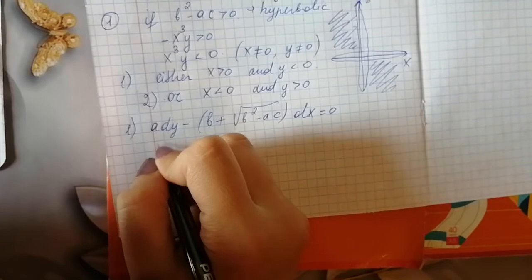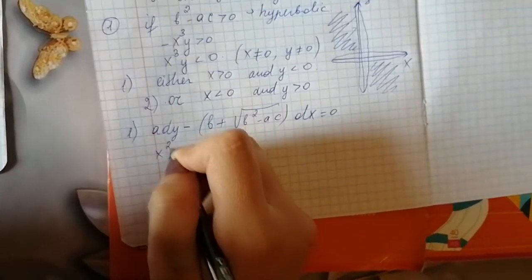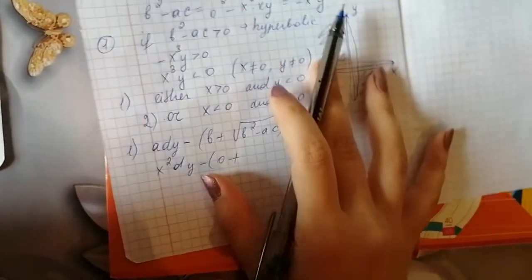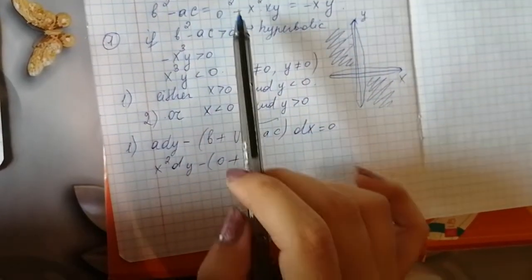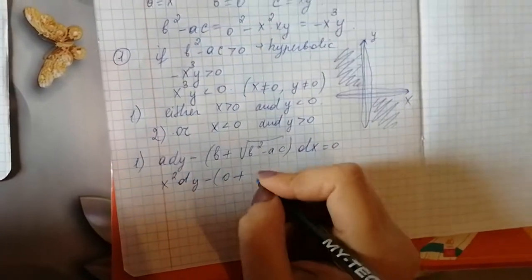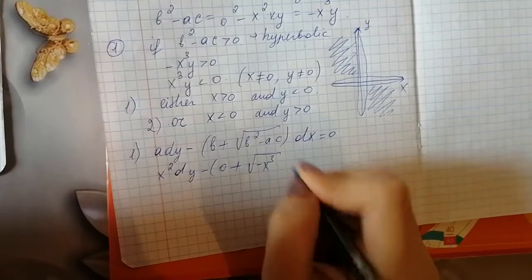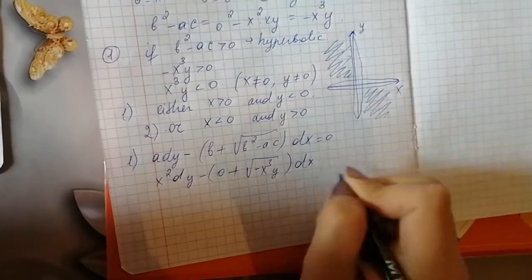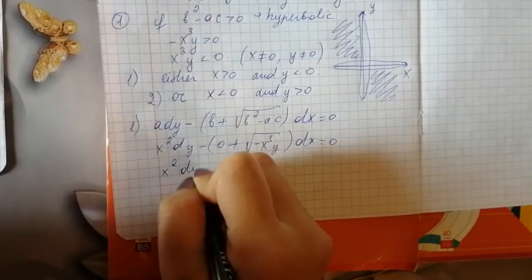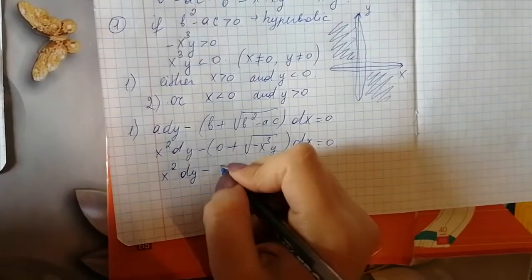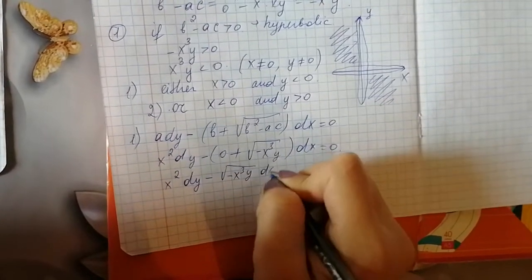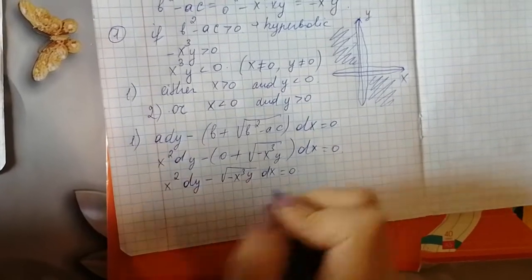Where a is equal to x squared, dy minus 0 plus, you know that we found the square root of b squared minus ac is the square root of negative x cubed y, dx is equal to 0. It will be x squared dy minus square root of negative x cubed y dx is equal to 0.